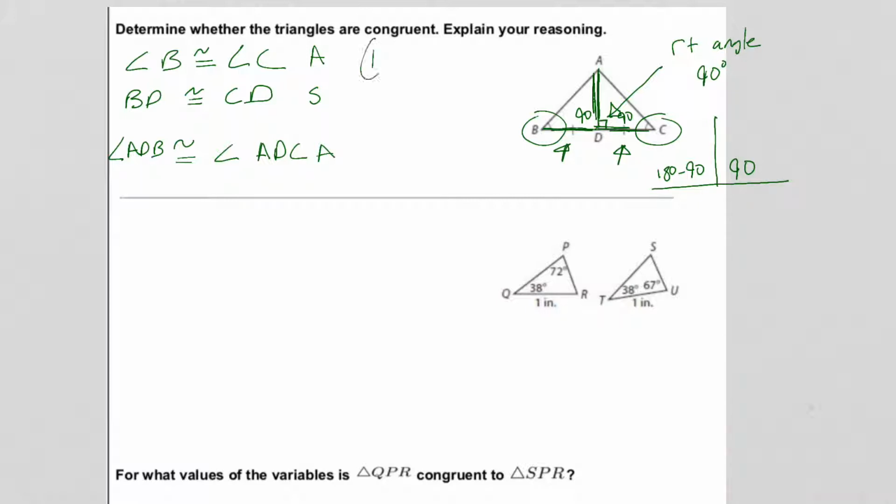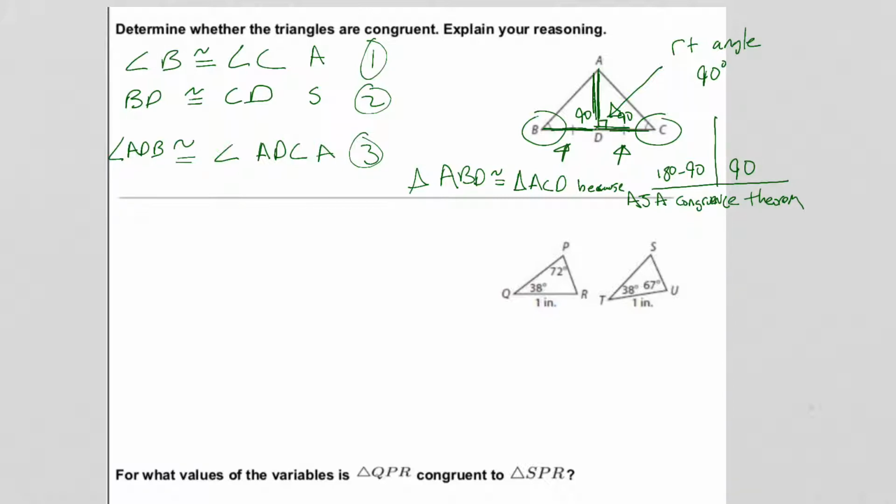So condition 1's met, condition 2 is met, condition 3 is met. So these two triangles, essentially triangle ABD is congruent to triangle ACD. Why? Because of the angle side angle congruence theorem. So there's that one.